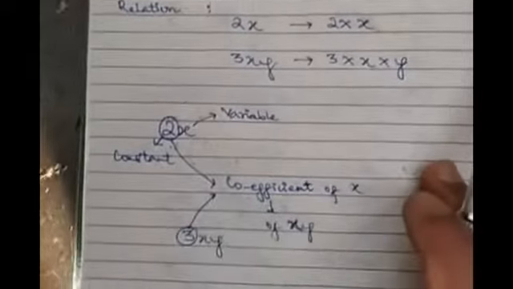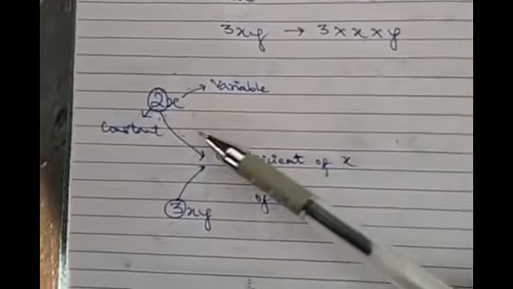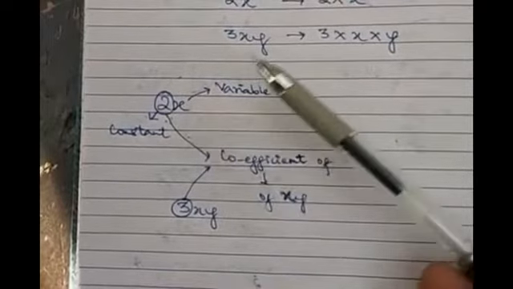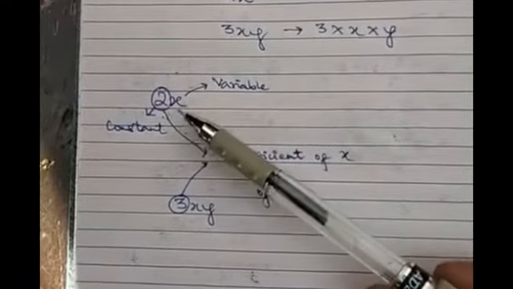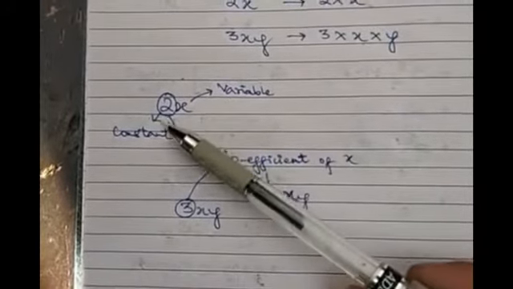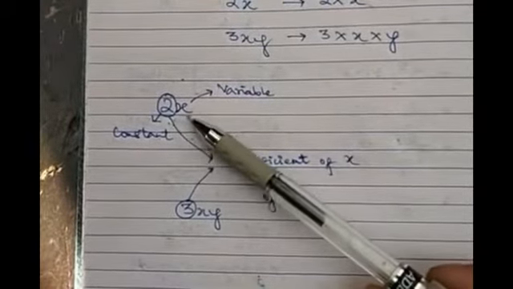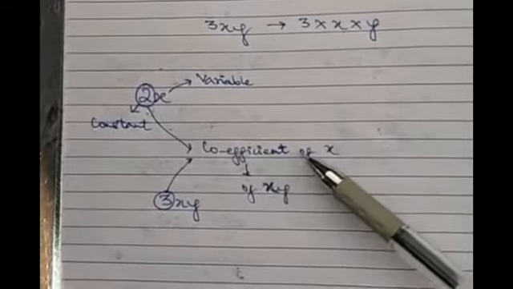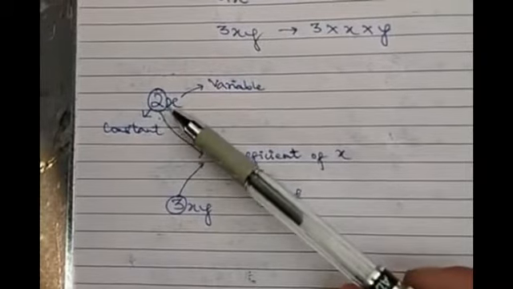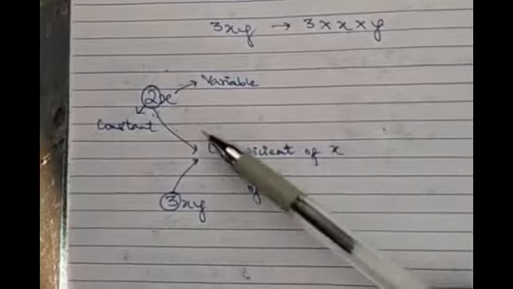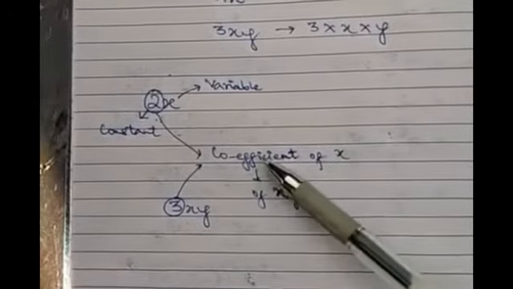Is it okay? And one more important thing: whenever a constant and a variable are written together, the relation between them is multiplication, isn't it? Here we have x as the variable and 2 as the constant term. Whenever these two terms are written together, the constant term is also known as the coefficient of the variable. In the first case the variable is x, so 2 is known as the coefficient of x.